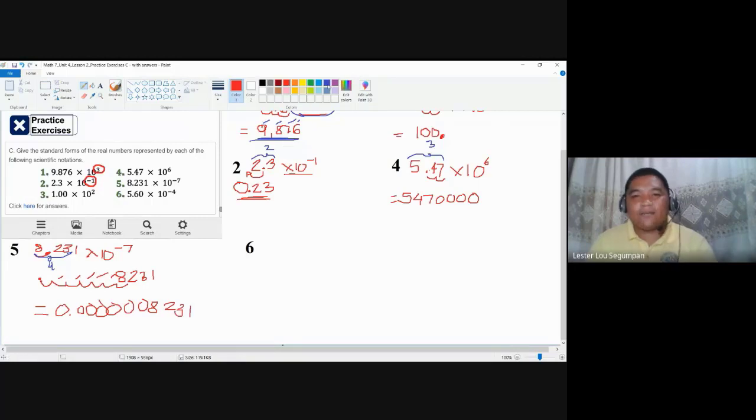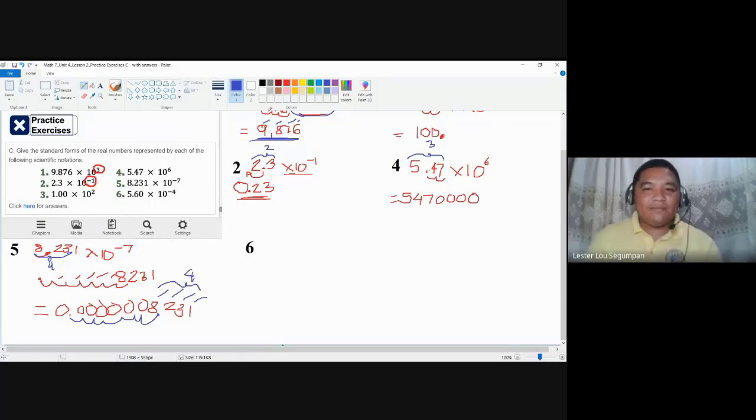Let's check how many steps. 1, 2, 3, 4, 5, 6, 7. Take note, negative 7. Okay. And how many significant digits are here in the final standard form? Only these non-zero digits. The trailing zeros will not be counted. So we retained the 4 significant digits.